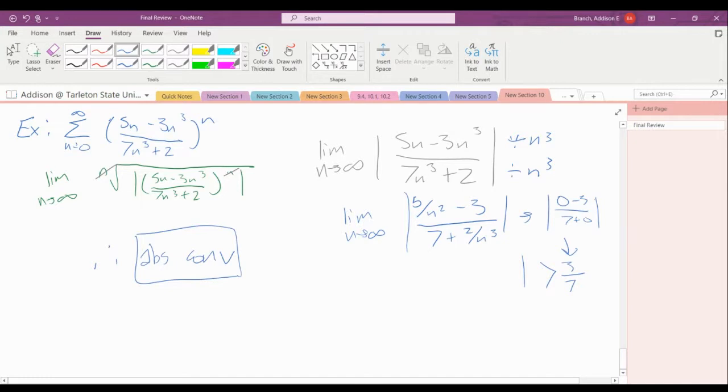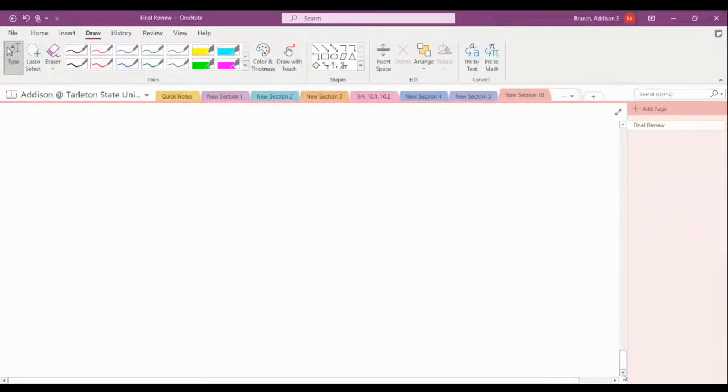All right, so the next one I want to quickly touch on is quick strategies for series. Overall, whenever you're trying to determine convergence and divergence, the main thing you want to look for is the form of your series itself, because that makes it easier to narrow down which tests you want to apply.